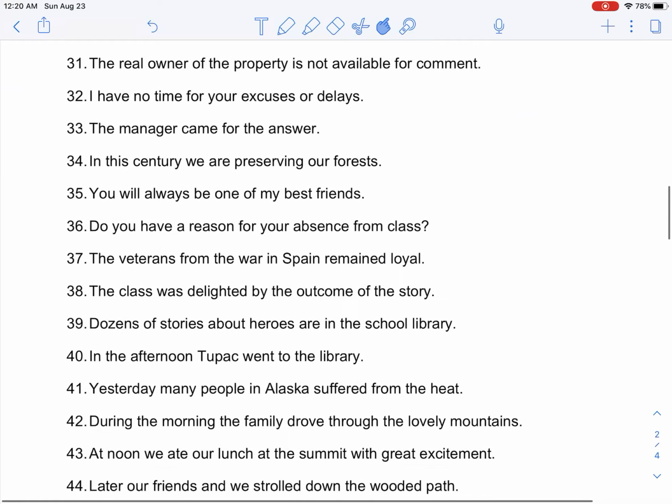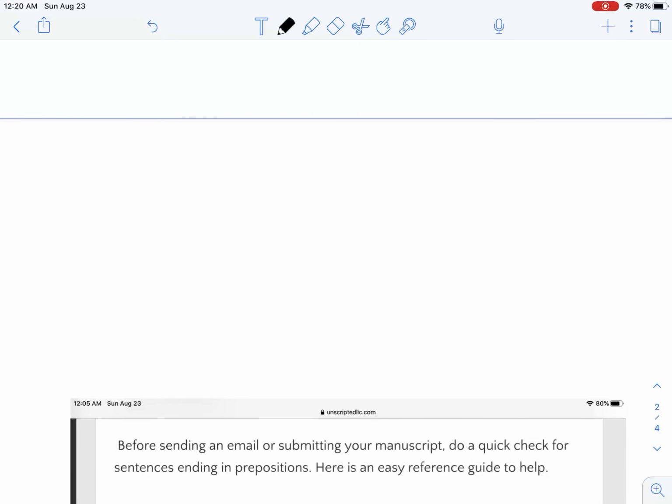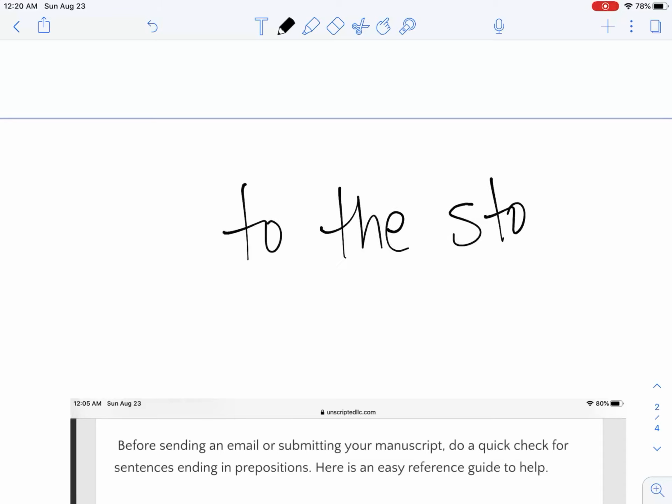Here's an example of how to would be a prepositional phrase. If I said I'm going to go to the store, then to is a preposition. Store is an object of a preposition. So this would in fact be a prepositional phrase.